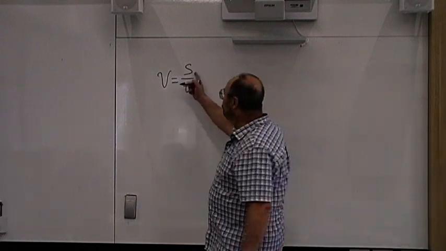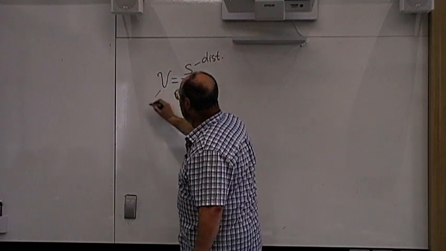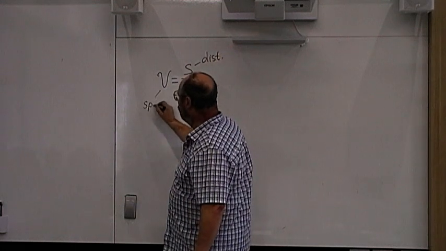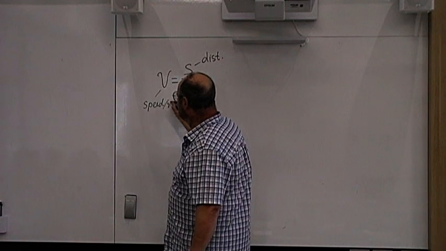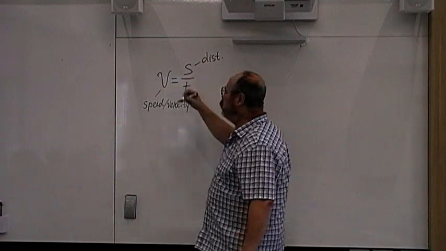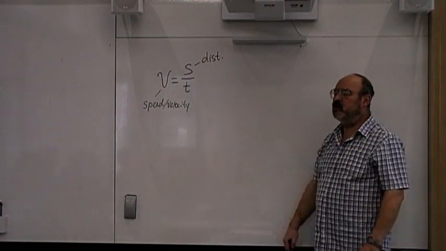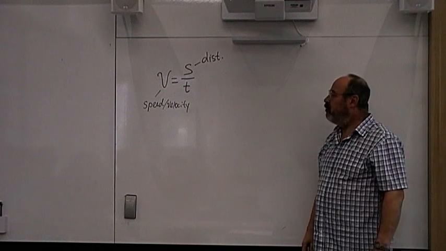As we use it for distance, we will use it for speed or velocity. Physics textbooks use the letter S for distance because it is traditionally used for that.